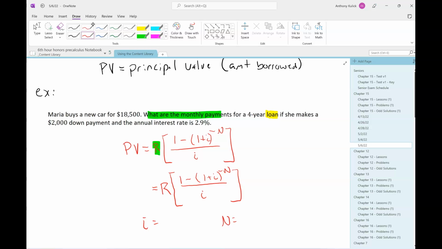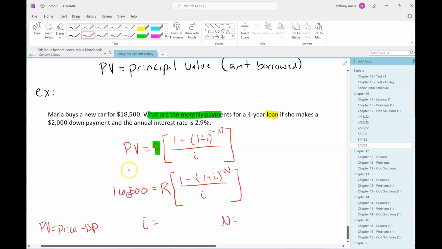So the principal value is the amount we borrowed, which in this case should be the price minus the down payment. And again, if you've never gone car shopping before, or gone with a parent while they were car shopping and paid attention, it may not be totally obvious right from the get-go, but that's okay. That's why we're doing the examples. Everybody good with that?